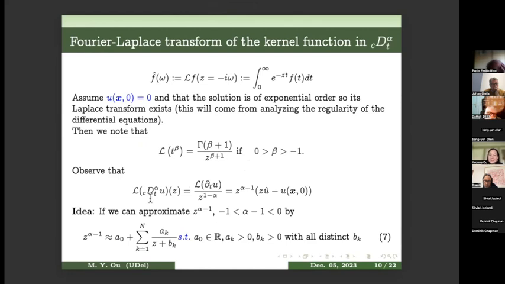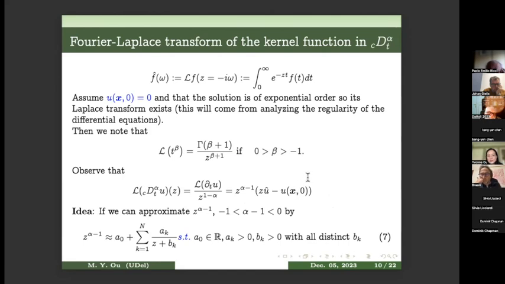Now if I Laplace transform the Caputo derivative, the kernel will give me z to the 1 minus alpha, and then the Laplace transform of the derivative gives me this one. This is just the property of the Laplace transform.